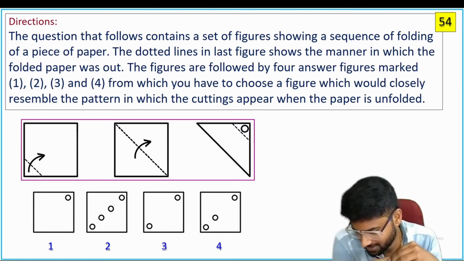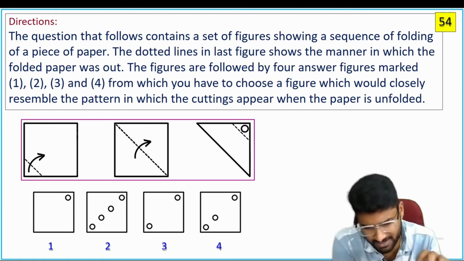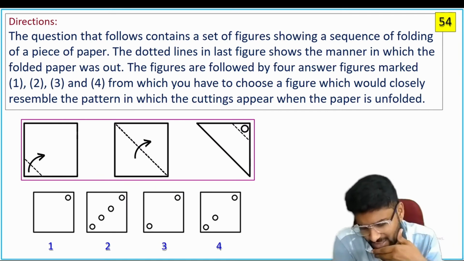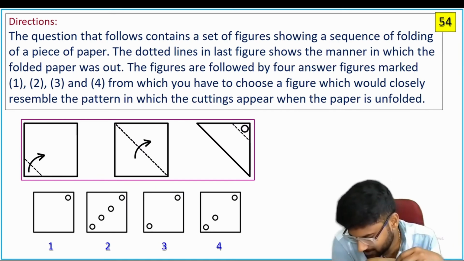Check your answer, guys. It is also a confusing question. Most of the students choose different answers. Let me check your answers first of all. Yes, Ganesh said 3, Venu said 2. Most of the students choose the wrong option.